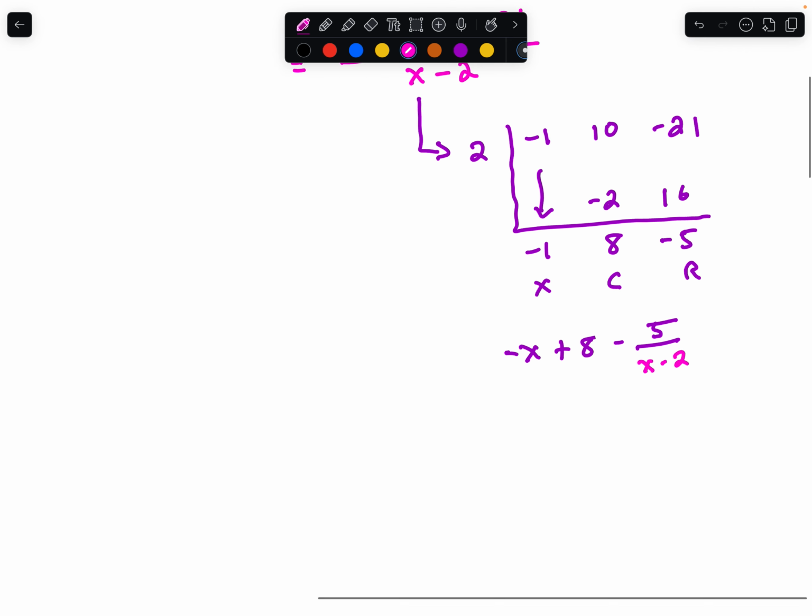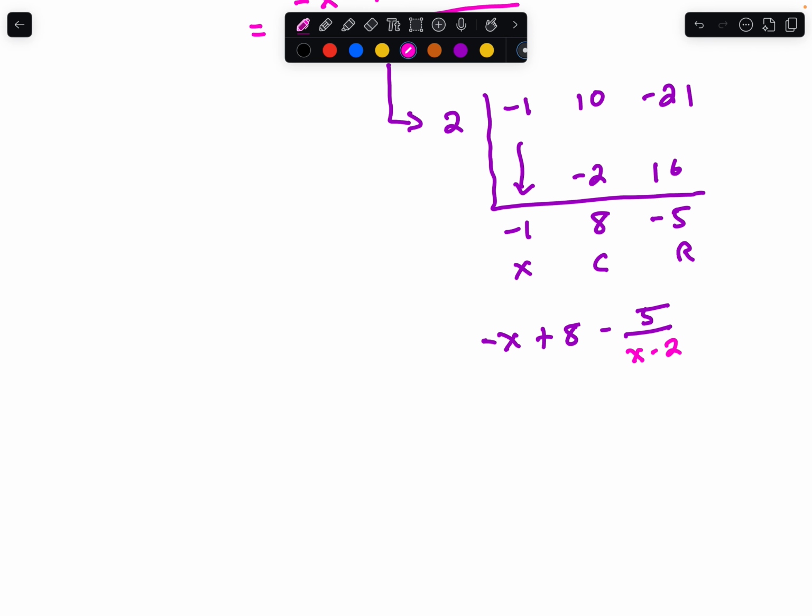Okay, now here's where the calculus kind of comes into play. As x approaches infinity or negative infinity, let's say, for example, think about putting in 1,000,000 into this number. What if we put a very large number in right here? What does this become?